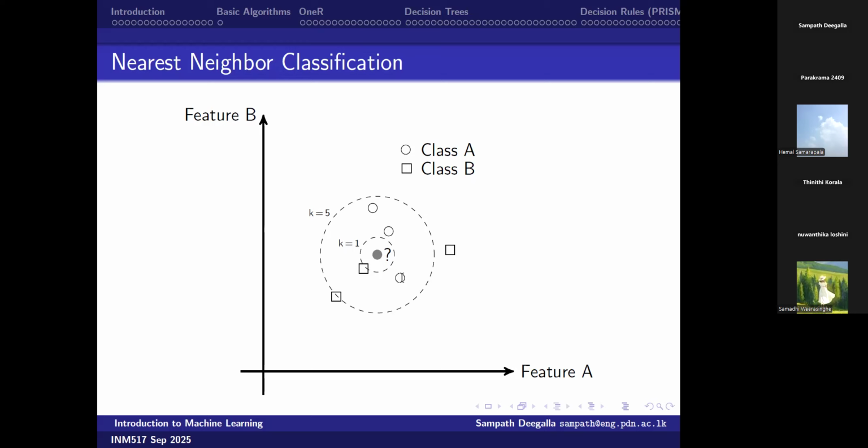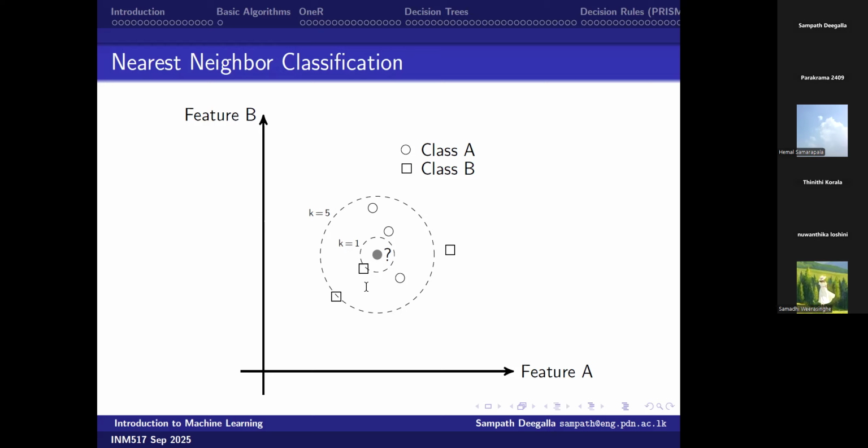Here we have 3 instances from class A and 3 instances from class B. Now, this gray dot shows a new instance. We don't know its label, and we need to identify whether it belongs to class A or class B.